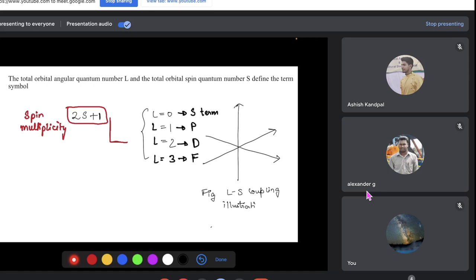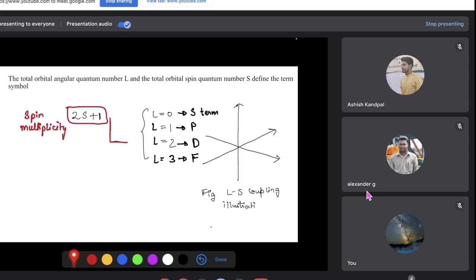The atomic term symbol contains 2 pieces of information. It tells me the orbital angular momentum of the atom, that is the L value, and also the multiplicity, which is the spin multiplicity 2S plus 1.